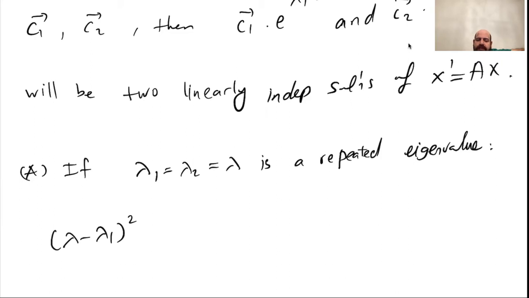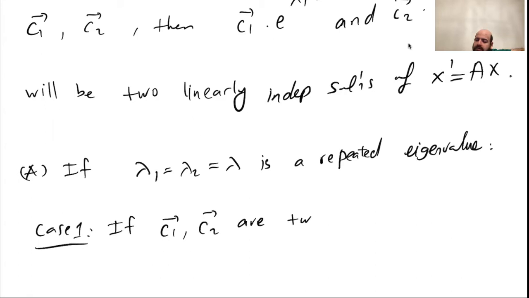Now this depends. If you have 2 linearly independent eigenvectors, so case 1, let's say C1 and C2 are 2 linearly independent eigenvectors.